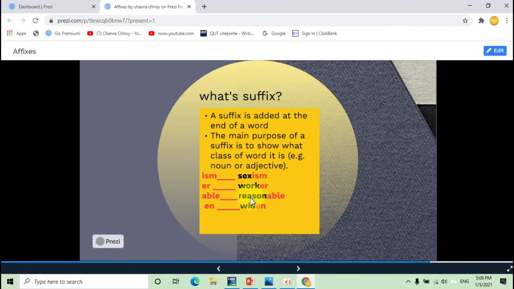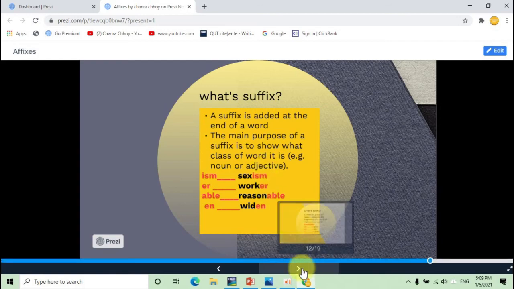And reasonable refers to an adjective, meaning something believable when somebody is talking about someone or something. So that is the function or purpose of suffix. It shows the class of word, the position or status of the word, so noun or adjective. All right.